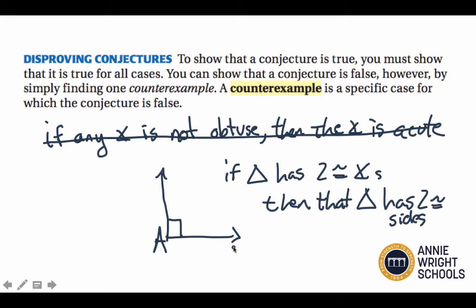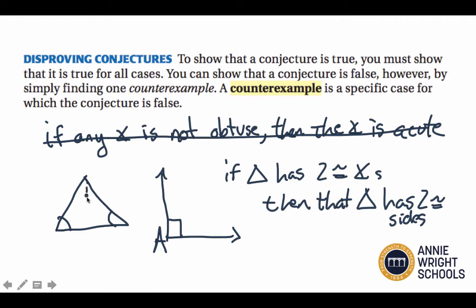And to show that it's true, well, that's why we're starting this lesson in reasoning and proof. Because to show that this is true for every triangle, no matter what triangle it is, if we know it has two congruent angles, then it has two congruent sides, there's a lot to that. I'll walk you through it shortly. Draw any two angles, this is congruent to that.